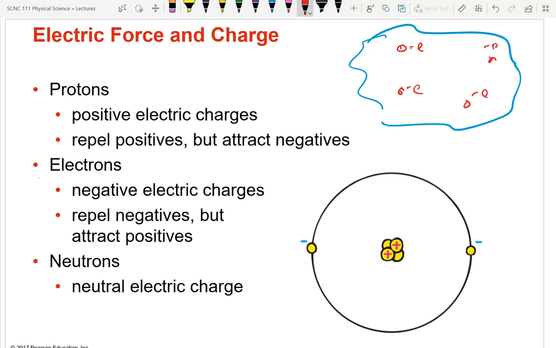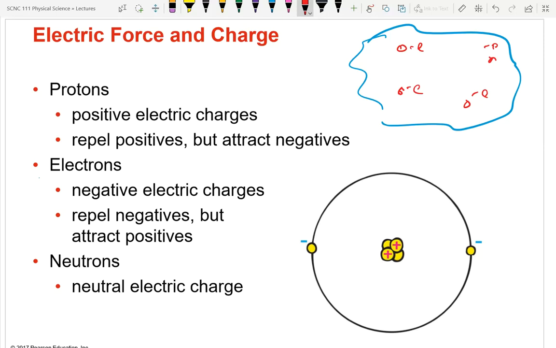And number 3, it must make predictions that you can test. So Rutherford came up with the idea that an atom is like a planetary system with a very small, dense, positive charge at the core that we call the nucleus, and then the electrons doing circular orbits around it, like you see in that picture.